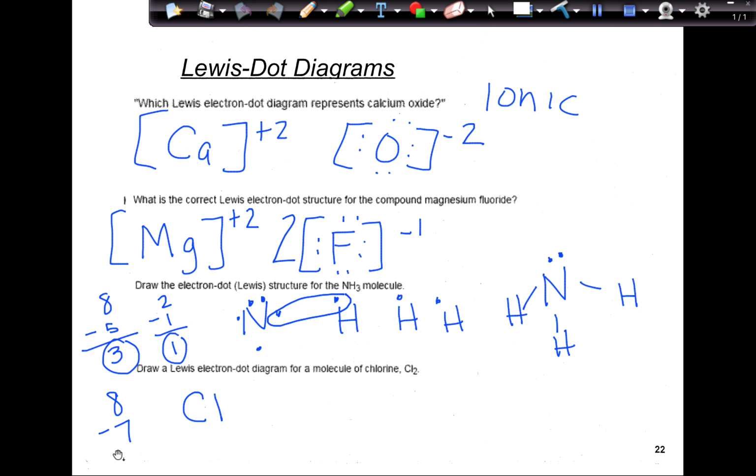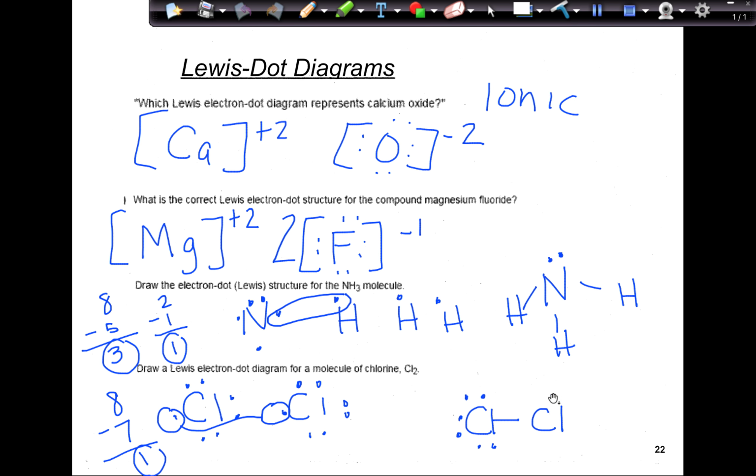Whereas chlorine has a happy of 8 minus 7, which means each chlorine needs to make 1 bond. So if each chlorine needs to make 1 bond, this electron and this electron are going to be shared.